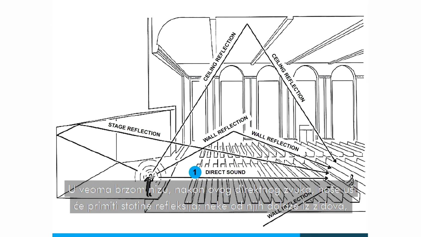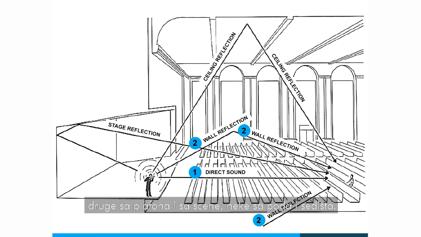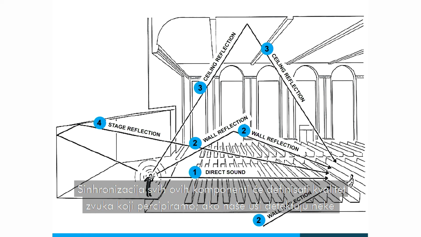In a very rapid succession after this direct sound, our ears shall receive hundreds of reflections. Some of these reflections will come from the walls, some will come from the ceiling, and from the stage. Some reflections will also come from the floor and from the seats. And the synchronization of all these components will actually define the quality of the sound that we as a listener perceive.